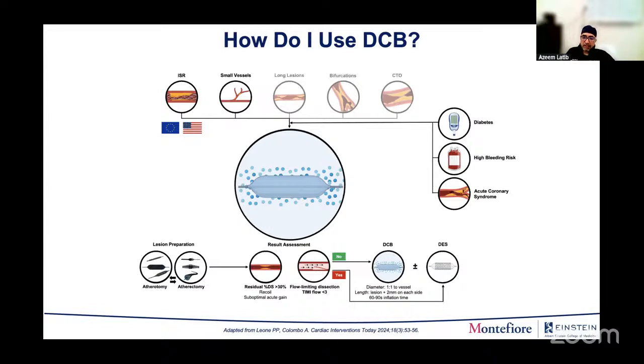The other thing that I think is underestimated as well, and it's actually supported by data that I'm going to show you, is the diameter of the balloon being 1 to 1 and the inflation time. If you remember, those of you who were here last week, the drug excipient is deposited onto the vessel wall in a very homogeneous way as you inflate the balloon. But part of why you're leaving it for 60 and 90 seconds is not just to get all that drug excipient off.